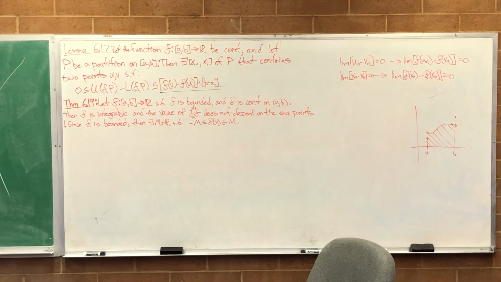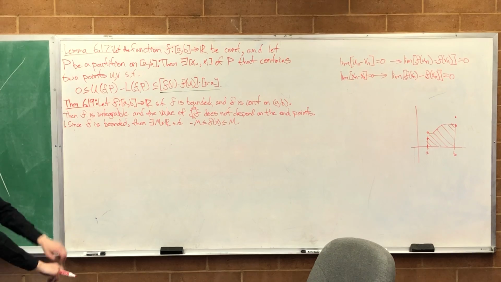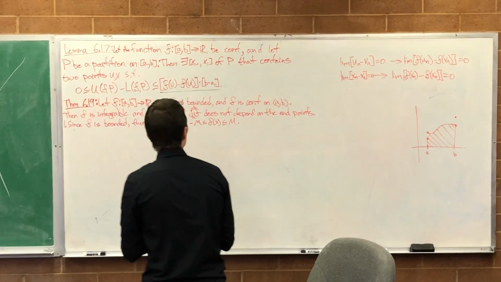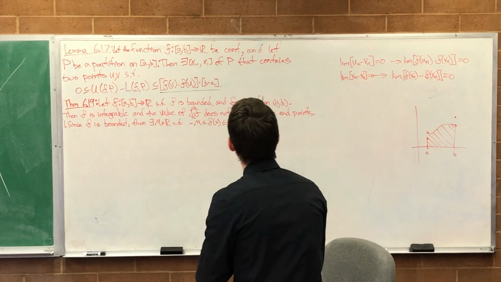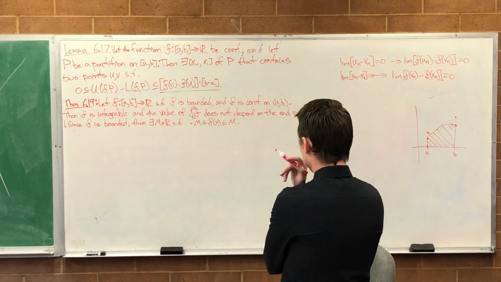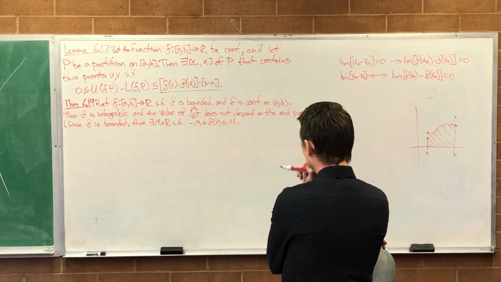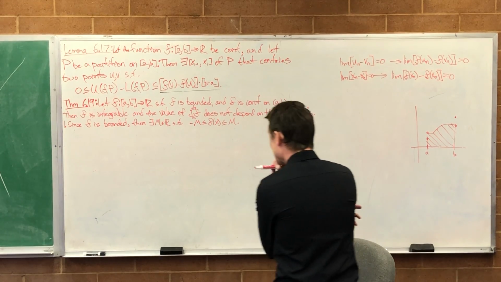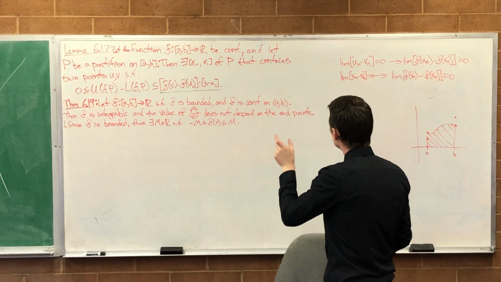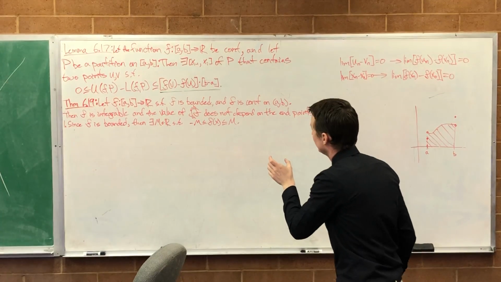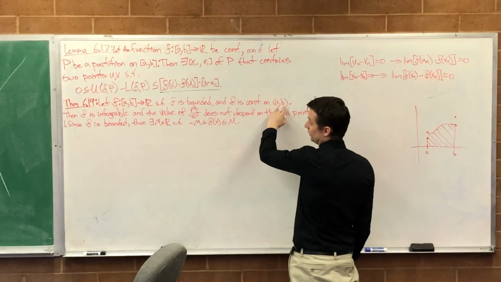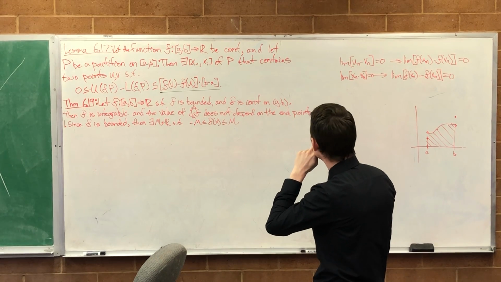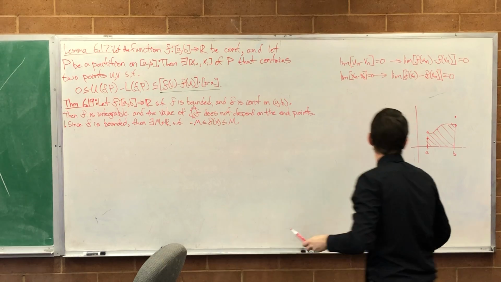So f is bounded, and then f is continuous on the open interval (a,b). So maybe we'll take a partition, some small partition that's only on here, and then re-add the end pieces. Sorry, kind of just thinking out loud.